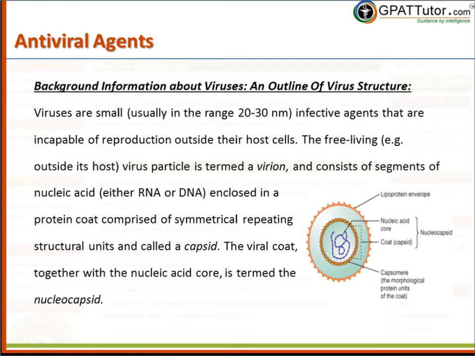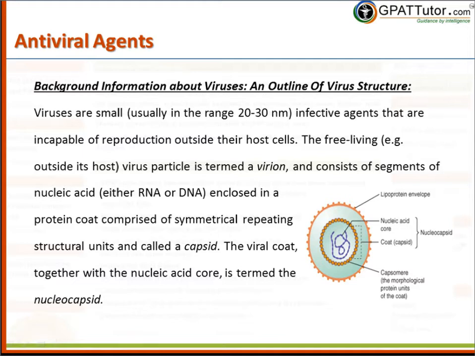Coming to the actual structure of the virus, they are small particles, usually ranging from 20 to 30 nanometers. They are able to produce infections, but incapable of reproducing outside the host cell. The free living virus particle is termed a virion, which can produce a pathogenic species and consists of segments of nucleic acid, sometimes RNA and sometimes DNA.